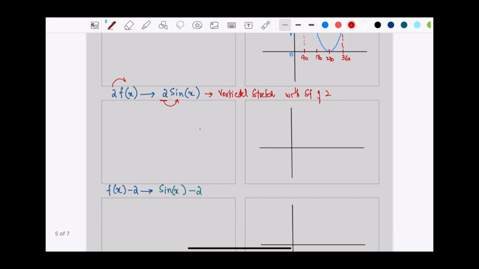So let's say this is our original wave, something like this, where this value is 1 and this value is -1. Now amplify this value like this.